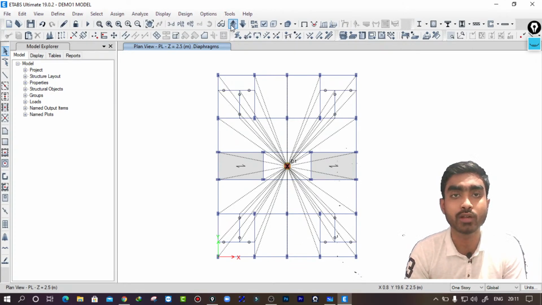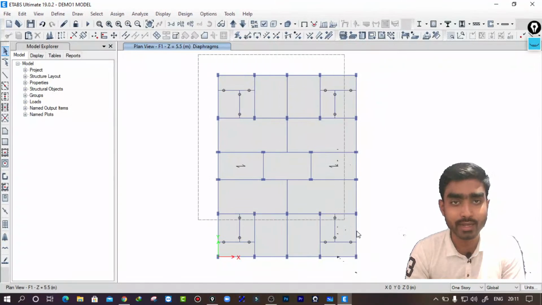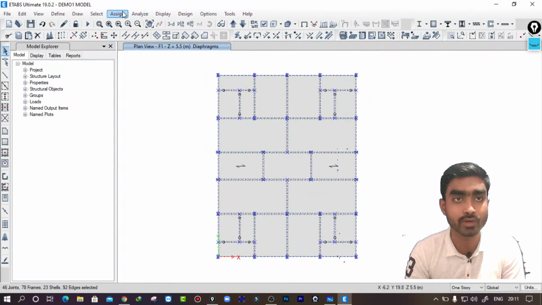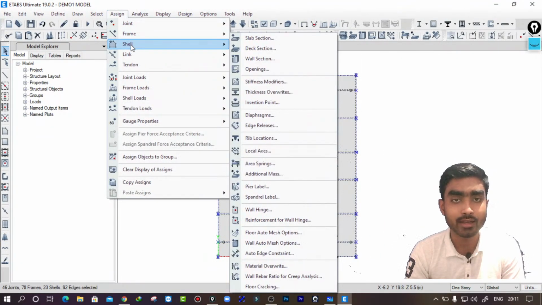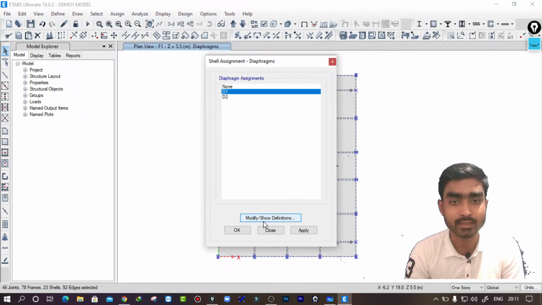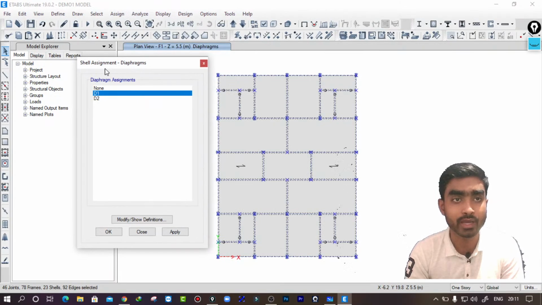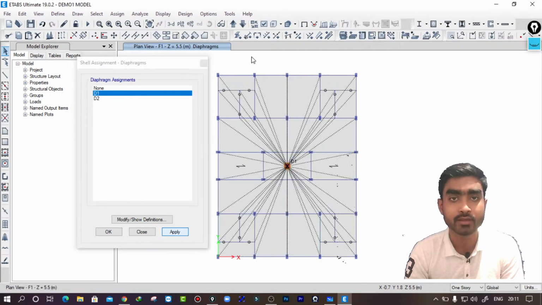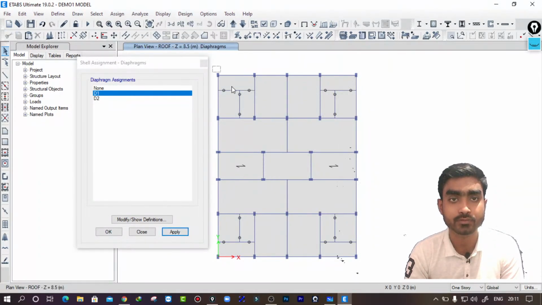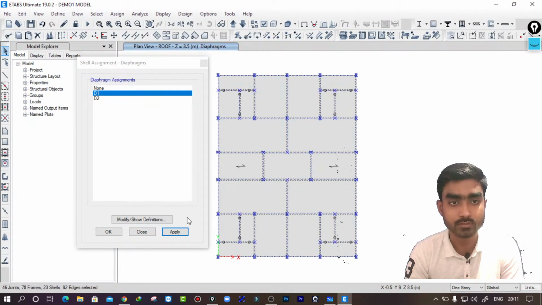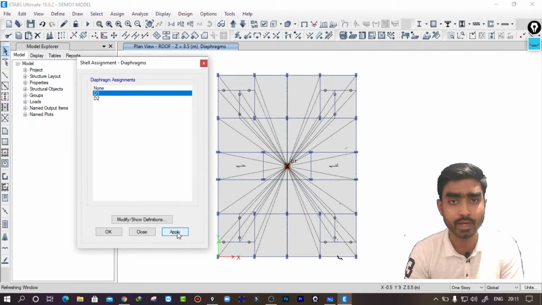So let's go to the top and select again all the floors, and we go to assign shell. We can go to diaphragms and assign the first diaphragm, D1. Now we are assigning the shell as diaphragm, because we are assigning the diaphragm in our slabs. Apply. Let's go to top, assign it again, D1.